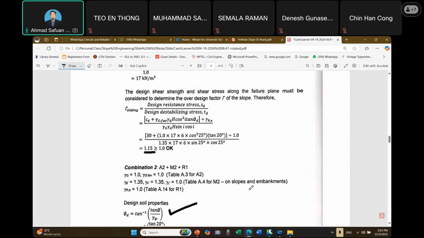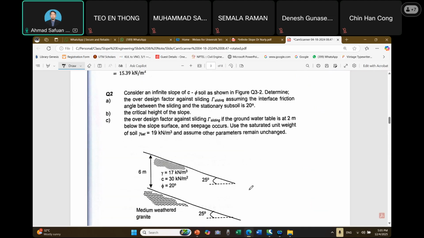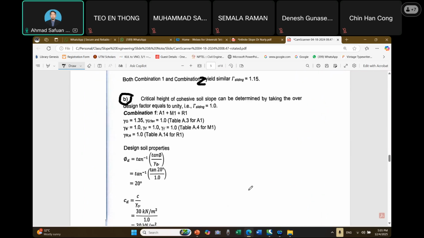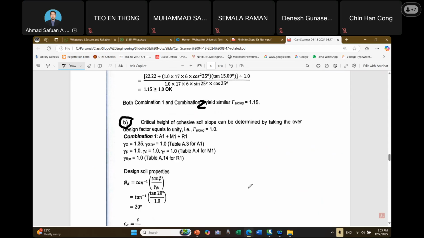For question B, determine the critical height of the slope. What is the critical height of the slope? The critical height of cohesive soil can be determined by taking the overall design factor to unity, which means the overall design factor is equal to 1.